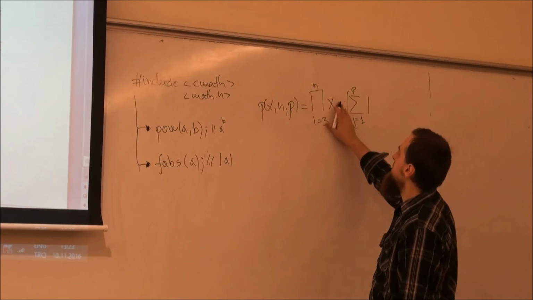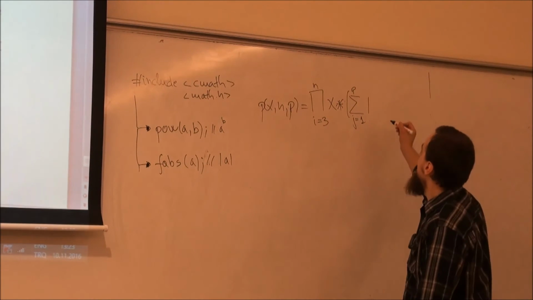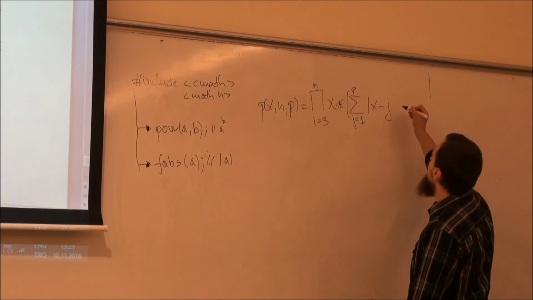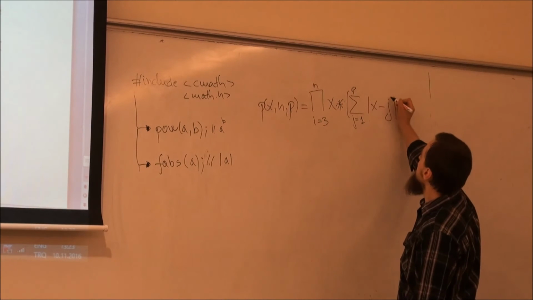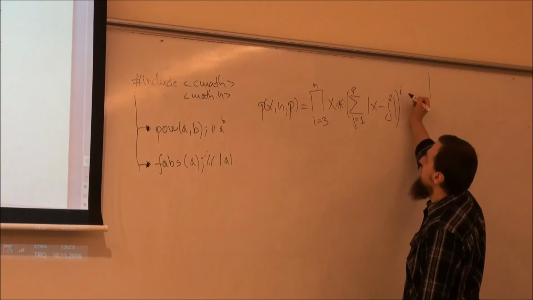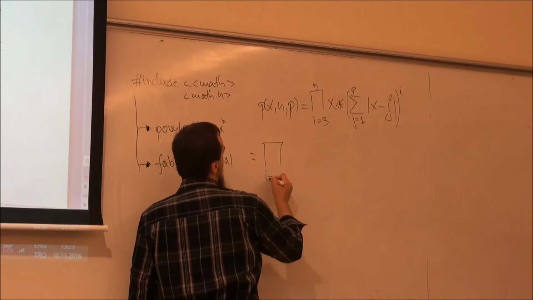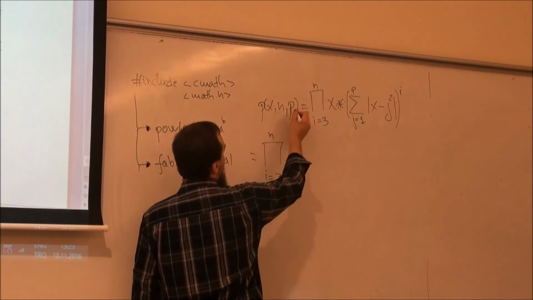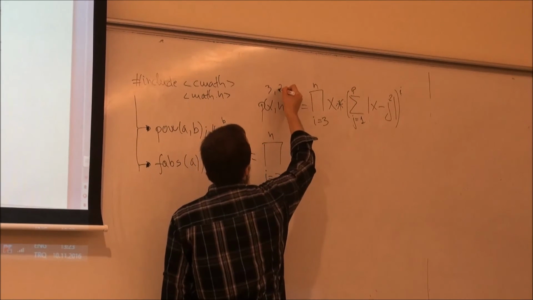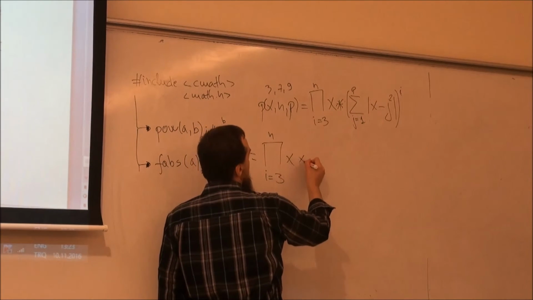It's not the flower, it's multiplication. Squared, and all of this guy is to the power of i. So basically it's something like this. This is from 3 to n. x, n, and p are given as parameters. Let's say it can be 3, 7, and 9, for instance. And we have to find x multiplied by.